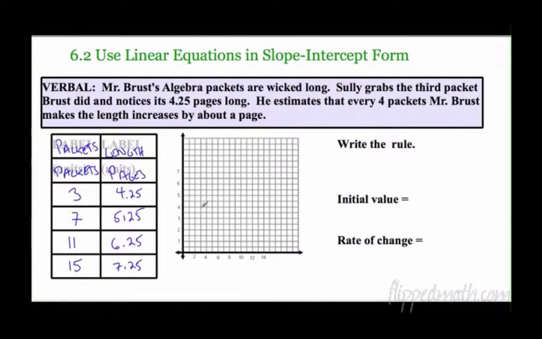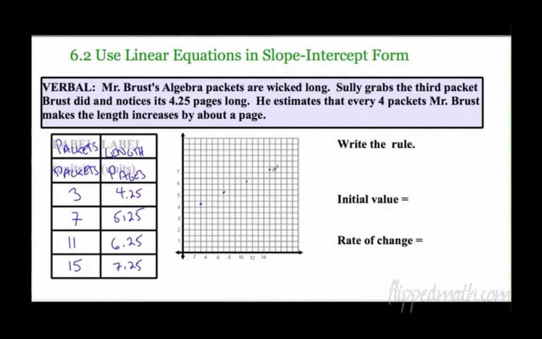That's 4 1/2, so 4 1/4 is right in between, right there. 7 packets is going to be 5 1/4, so 5 and a little more. 11 packets is 6 1/4. And last but not least, 15 packets is 7 1/4. Right about there.